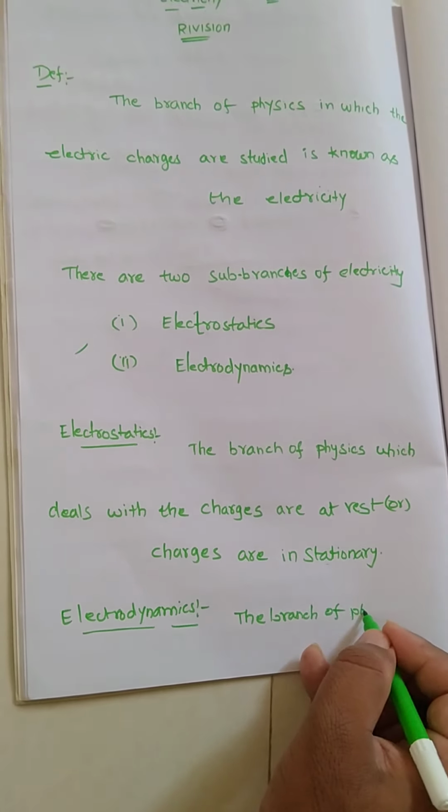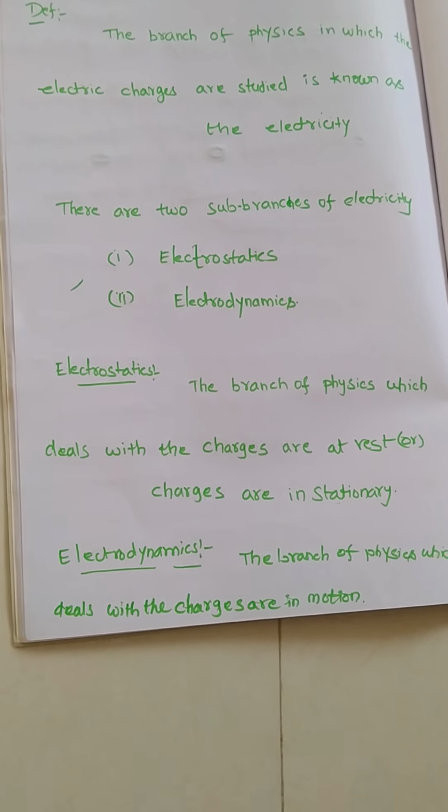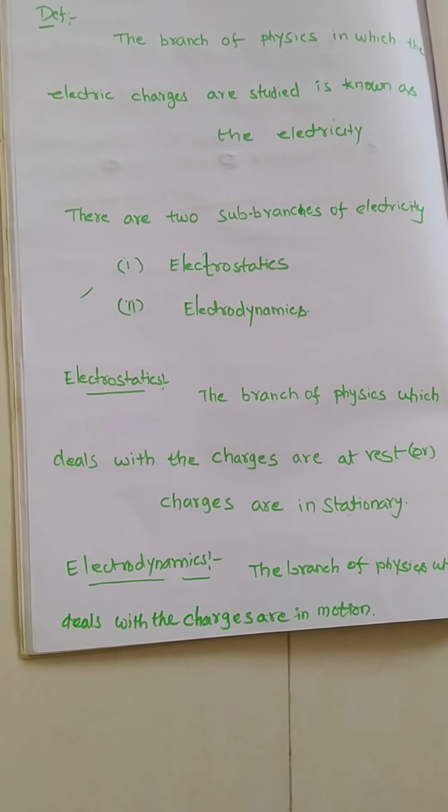So this is about electrostatics and electrodynamics. In electrostatics, charges are at rest. In electrodynamics, charges are in motion. These are the two sub branches of electricity.